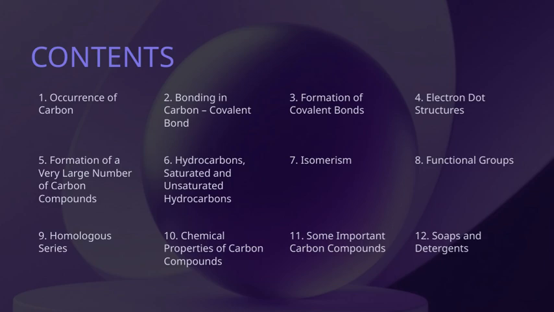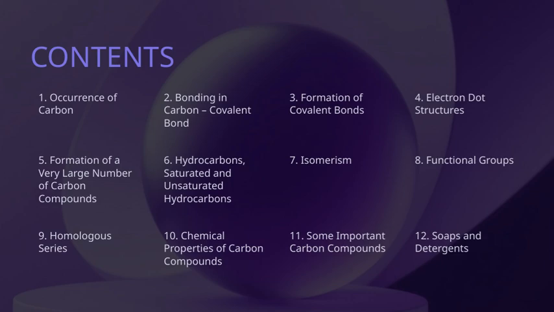We'll explore the concept of homologous series, groups of organic compounds that differ by a repeating unit, and see how hydrocarbons, whether saturated or unsaturated, fit into this picture. Then, we'll focus on the bonding in carbon, specifically covalent bonding, which explains the stability and diversity of organic molecules.